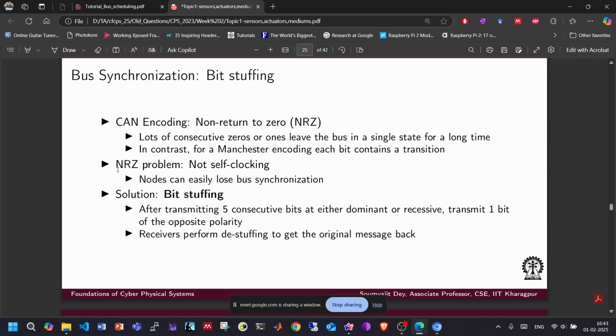Since in NRZ you are not self clocking, you can lose the synchronization. Since you are not changing the level when signal transmission is over, you don't understand if you are live or not. So to understand that, you keep on changing the levels when there are no data. After transmitting every 5 consecutive bits, you toggle.